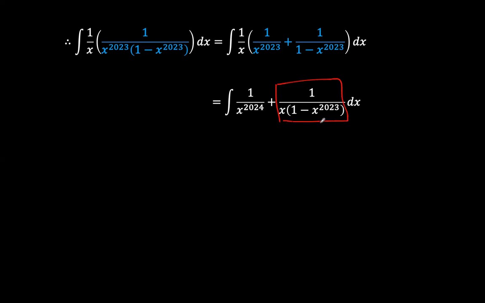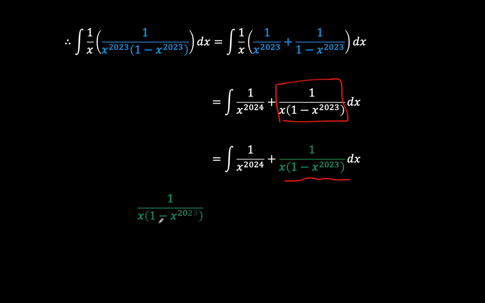We again have to split this fraction into partial fractions, and I would like to emphasize that by using a different color, green. So 1 over x times 1 minus x to the power 2023 is the same as c over x, because we begin with the polynomial 1 degree lower than what we have in the denominator.